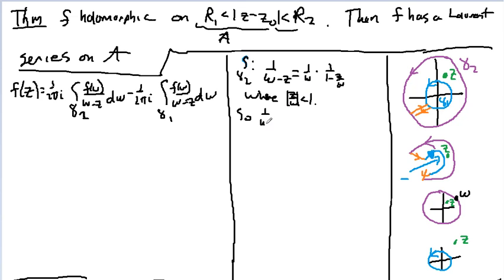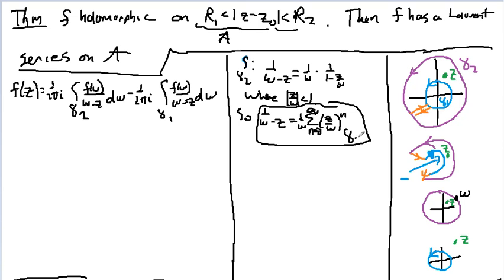So 1 over w minus z is equal to the sum of 1 over w times z over w to the n, where n goes from 0 to infinity. This is what I have for gamma 2. I need the fact that we're using gamma 2 because w is farther away, and I'm using that fact to get convergence.